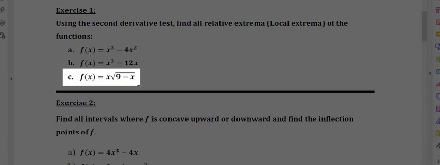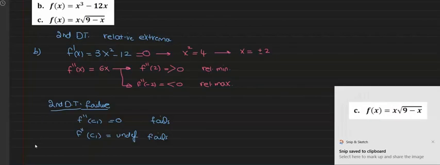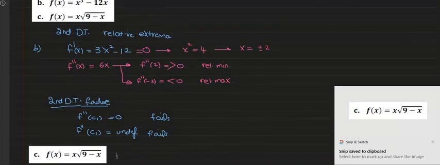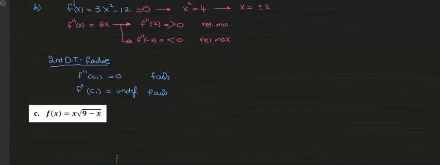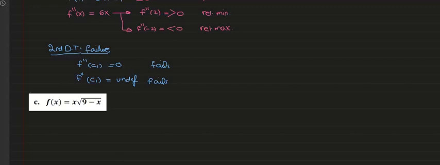Let's get more exercises in that part. For part C, now we will directly get the first derivative, which is from here. We have a product rule, and here can we combine this algebraically? If 9 minus x is raised to the power of half, which is the equivalent power of the square root, we can't distribute the x, of course.